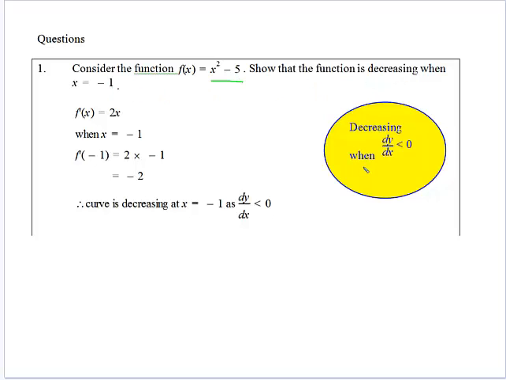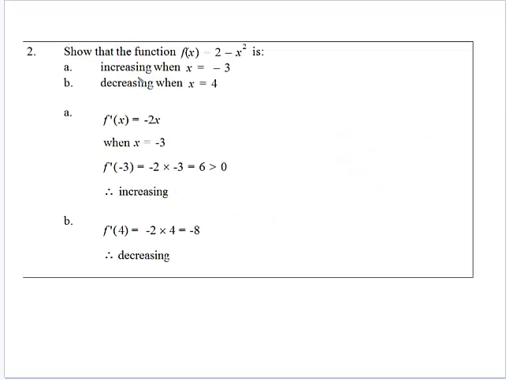To show it's decreasing, we need to get our derivative. So we find our first derivative, and that's 2x. So it's not a hard derivative there. And when x is equal to minus 1, 2 lots of minus 1 is equal to minus 2. So at x equal to minus 1, the gradient is less than 0. So it must be decreasing, because the first derivative is less than 0.